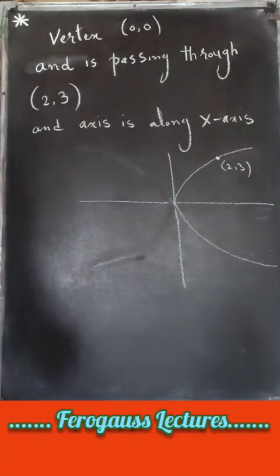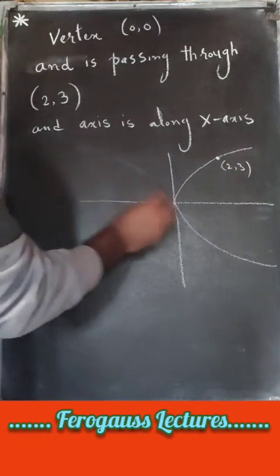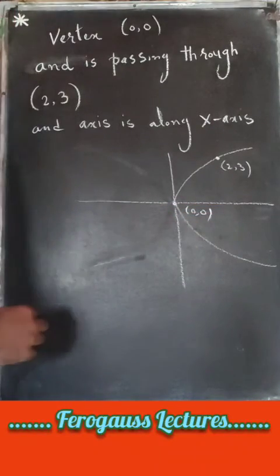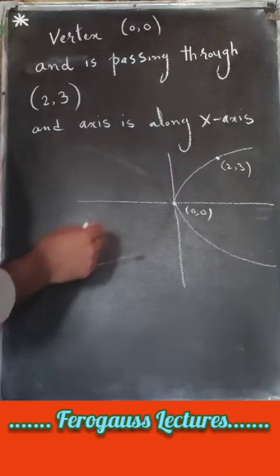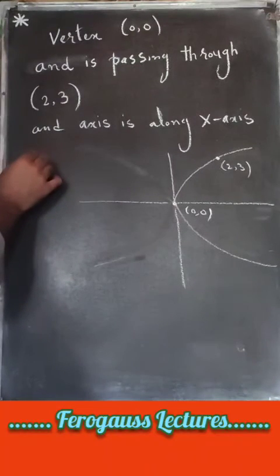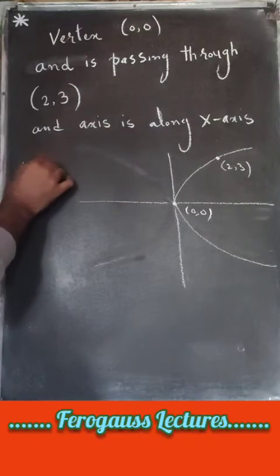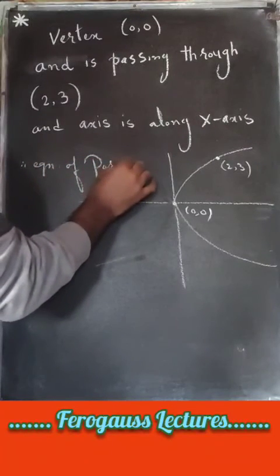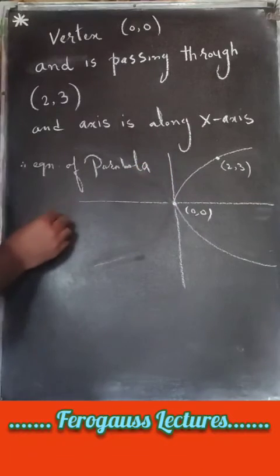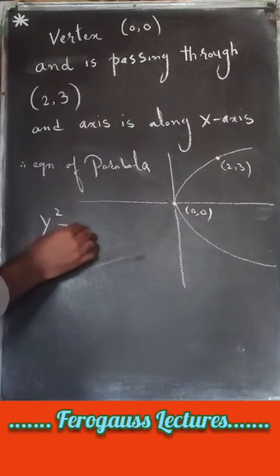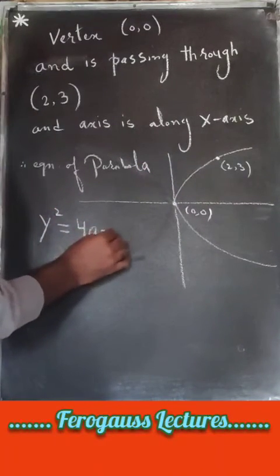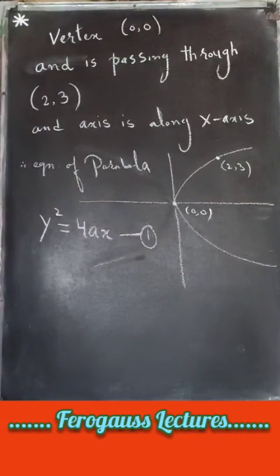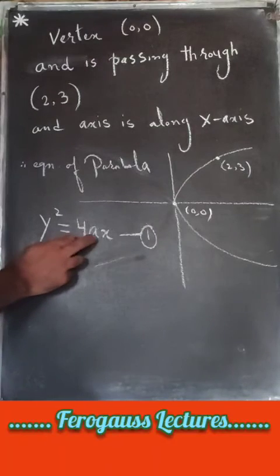Now, the vertex is at the origin, that is at (0, 0). So we can write the equation of the parabola as y square is equal to 4ax. Name this equation as equation first. Now we have to find this a.